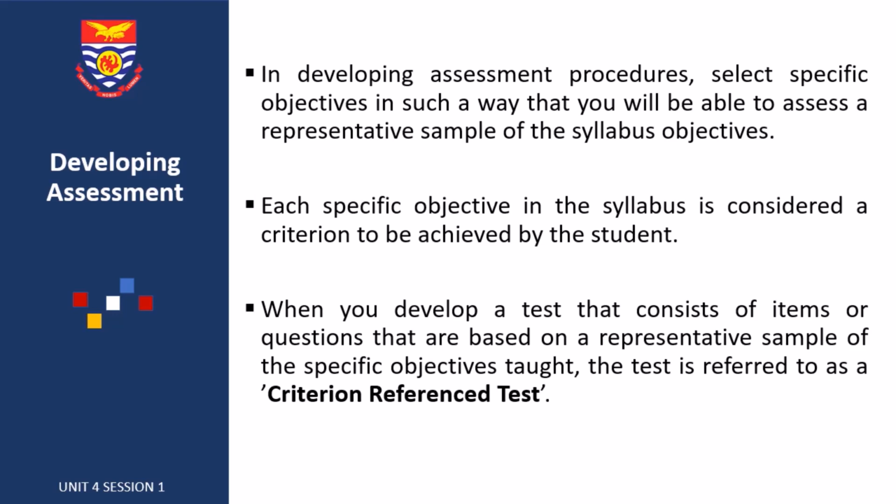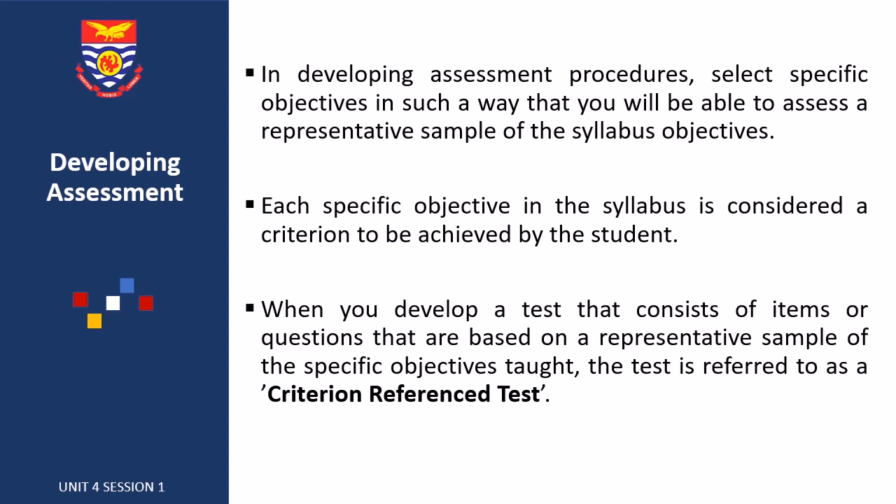If you set questions around these objectives, it is going to inform the students, after going through the test, that based on their performance they were able to achieve objective C, objective A, objective D, and were not able to achieve objective Z, K, and all that. So anytime you are developing an assessment, you set the questions around the specific objectives.